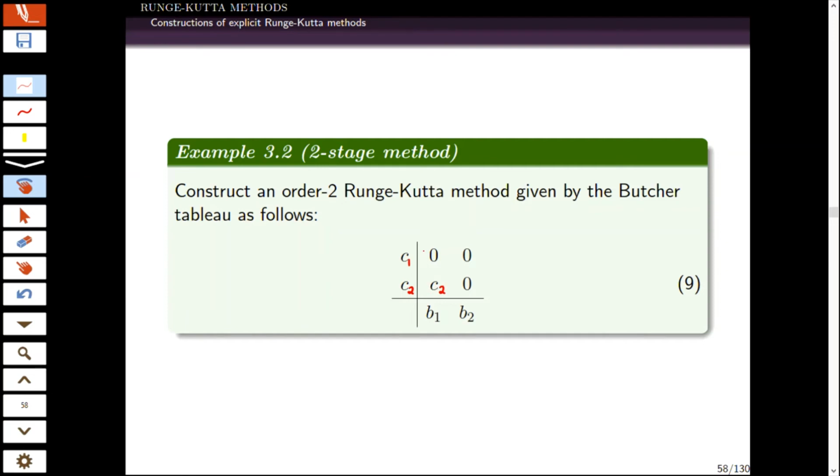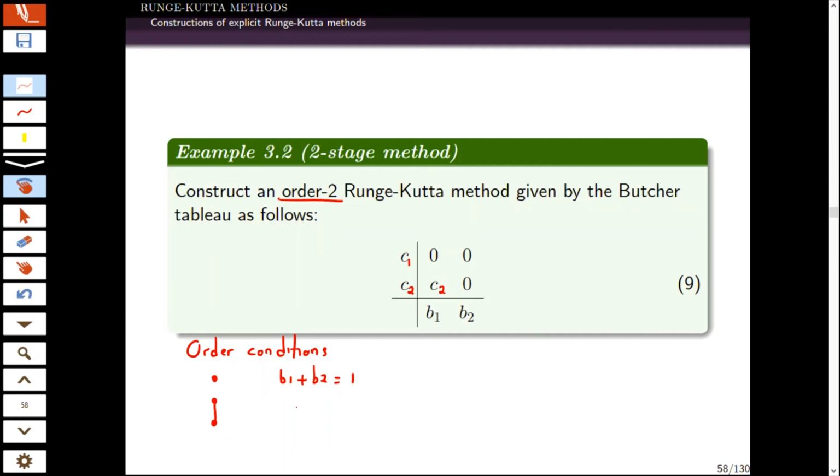So by referring to the order conditions for order 2, what are the conditions? For an order 2 method, we have to satisfy the order 1 condition, and these are the trees involving order 2. So what is this? This is b1 plus b2 equals 1.